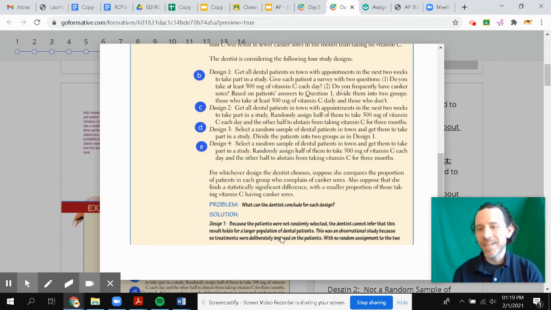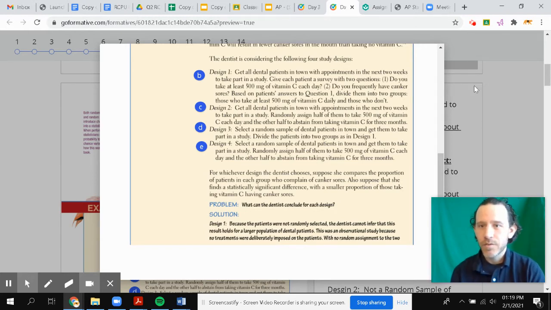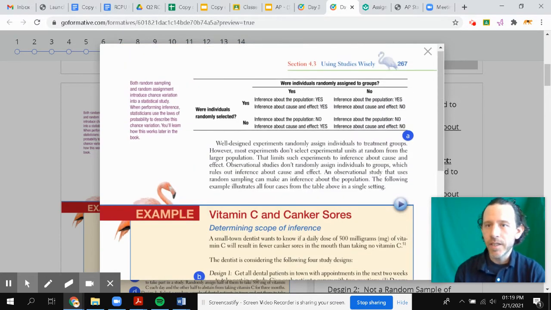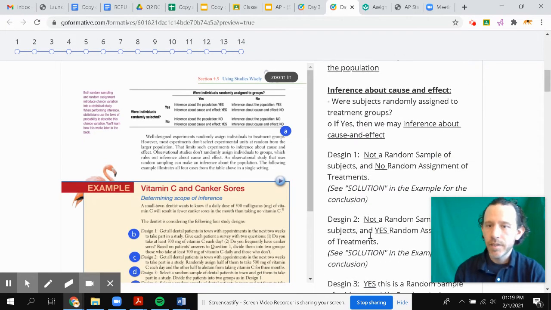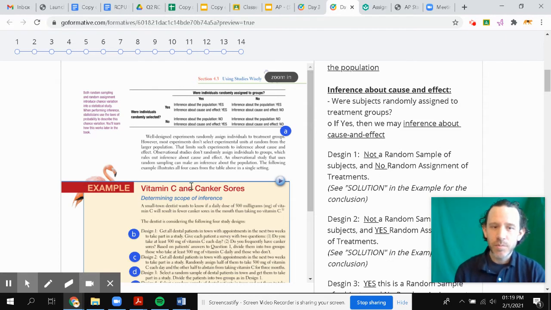We can only say there could be a correlation depending on what they say in the answers, and we could only attribute that result to the people that took part in the survey. So no, no, there you have it. On the side here, I've identified that it's not a random sample and not a random assignment of treatments. So that's how you want to play this out: look through these things and ask those 2 questions, judging by the design.